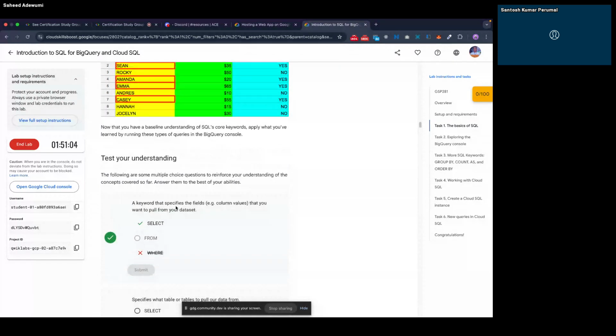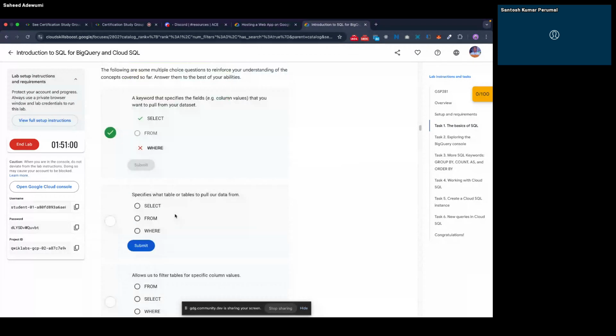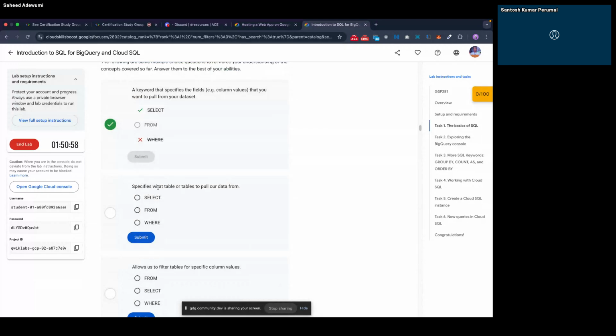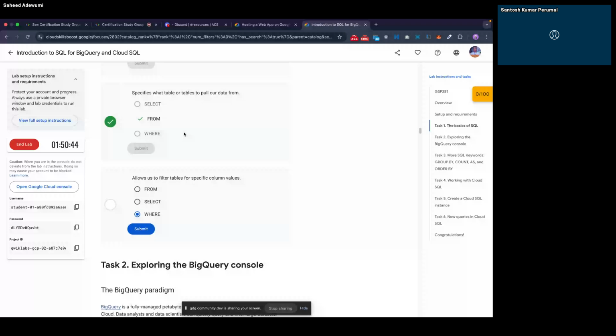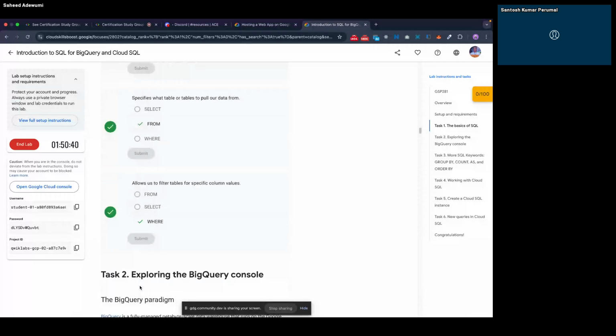Select, for the column value. And from is the keyword for the table to pull from. So this allows us to filter a table for a specific column. I think this is what I made a mistake on earlier. They are just trying to test our understanding.